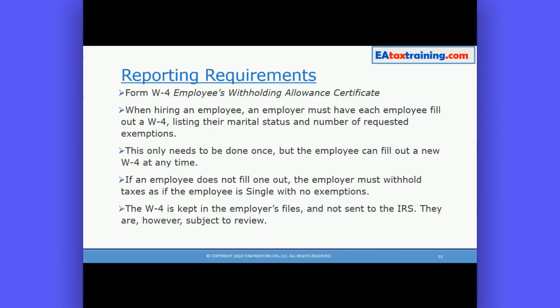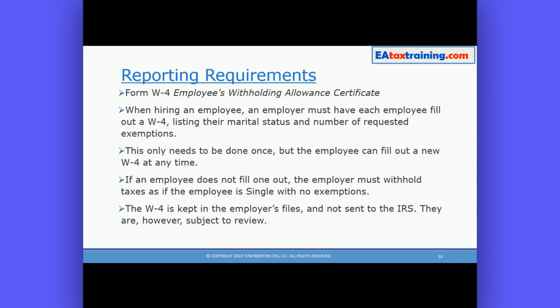A W-4 is an employee's withholding allowance certificate. So again, if you've ever had a job in the United States, you've probably filled out a W-4. This is when you give the employer your name, address, social security number, etc., and you tell them how many exemptions you might have. Now, this only needs to be done once, although the employee can fill out a new one at any time if they want to.